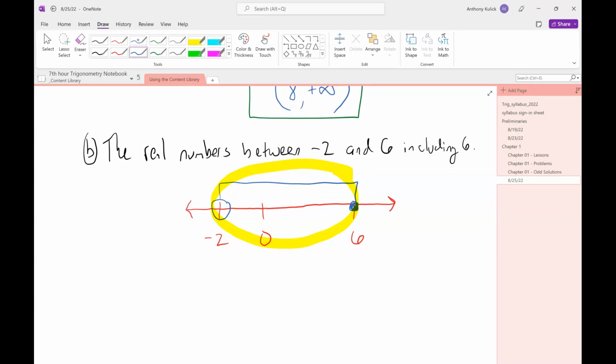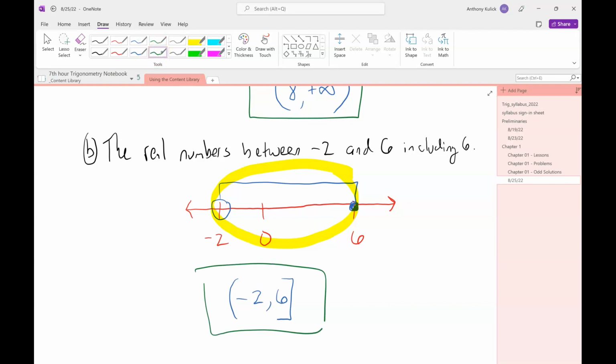So the lower bound for this interval is at -2. The upper bound is at 6. Very good. Is -2 included? No, so it should get a parenthesis. Is 6 included? Yes. So if it's included, it gets a bracket.